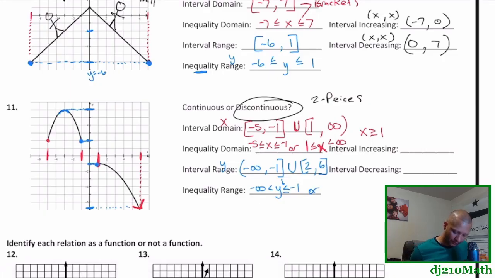All right, or we have a second piece. We want between 2 and 6. So y has to be between 2 and 6. Now, is it less than or equal? It's less than or equal because of the bracket.